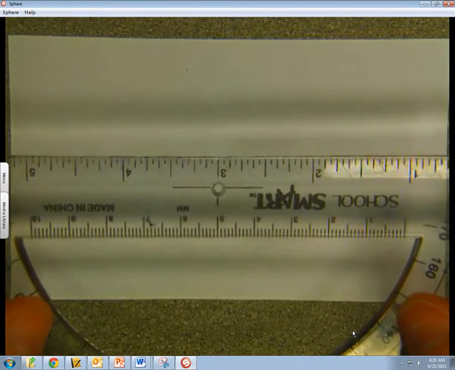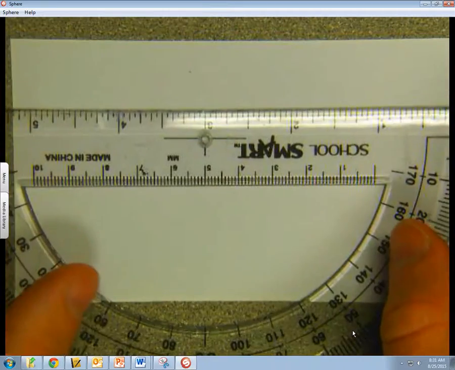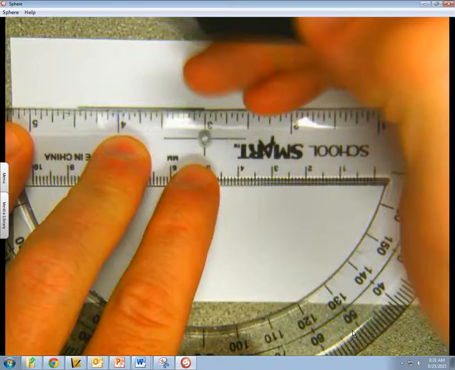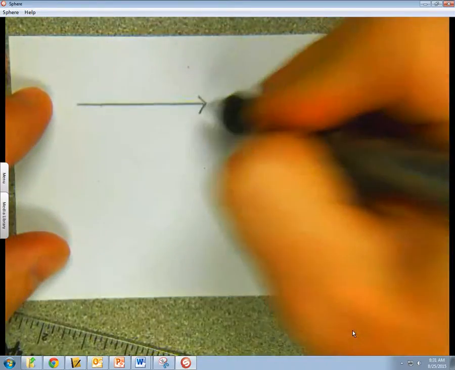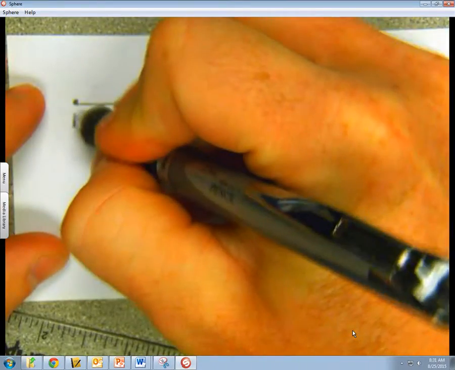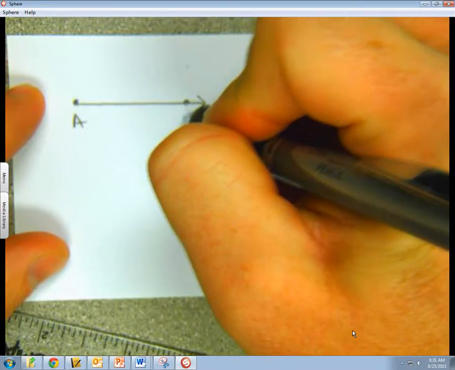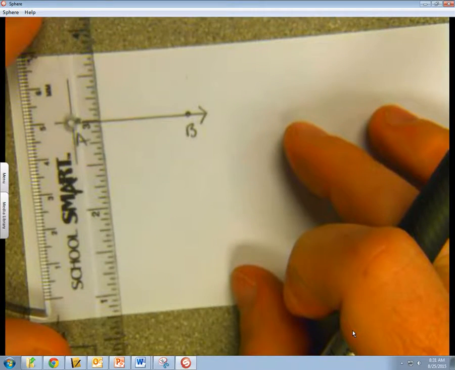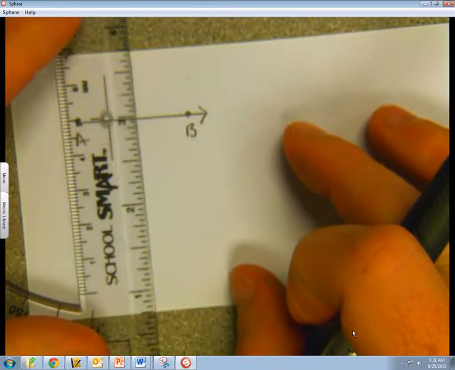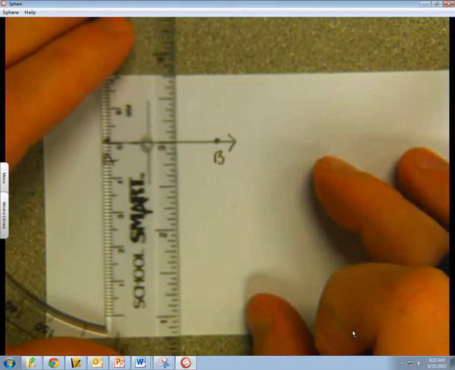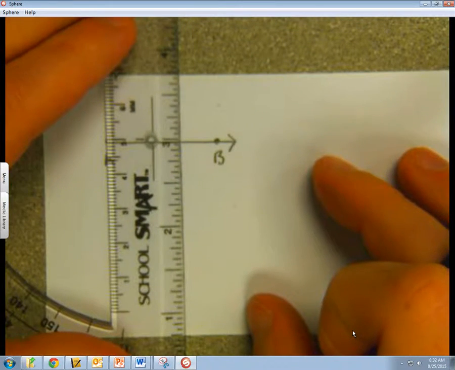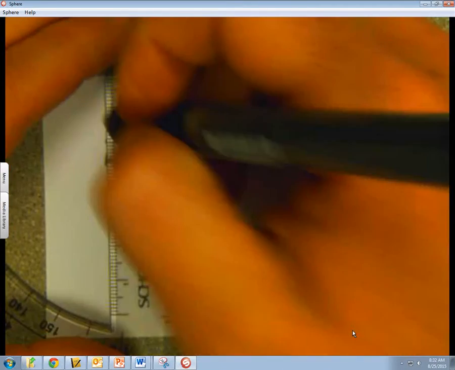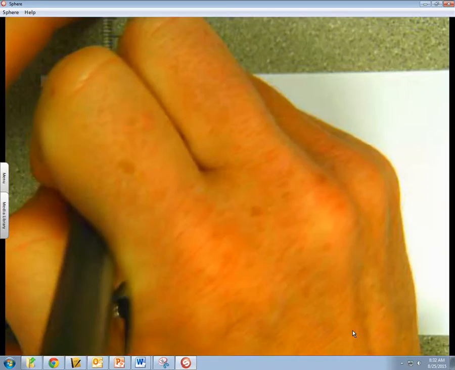So I'm gonna go ahead and draw right here. There's my first ray. I'll call it AB, and then I am going to use these marks here to line that up as close to perfect or to square as I can. And I'm going to go ahead and draw my line here, my segment here.